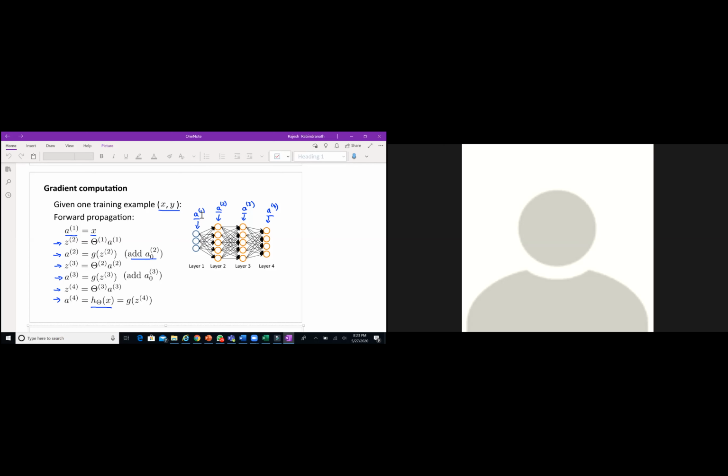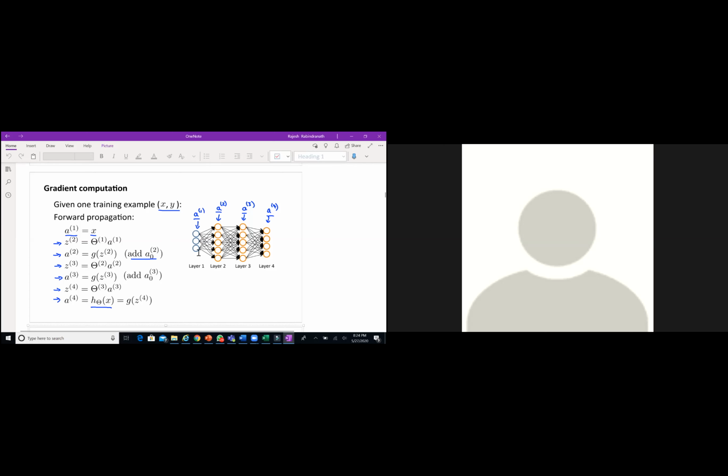The matrix A is a collection of four vectors, A1, A2, A3, A4, and A1 is a collection of 3 scalars, 1, 2, 3, and so on. So that's what it is.